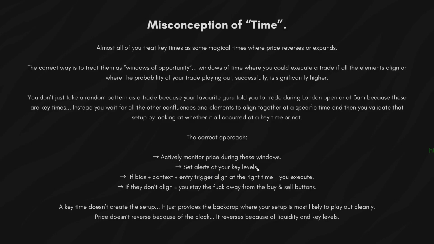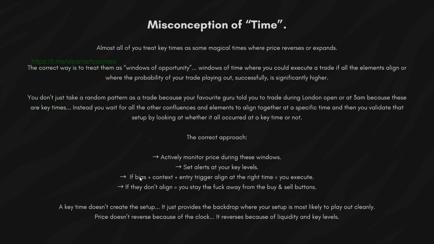But if only the entry model or the context is present at the right time, then you don't execute, because you still have to wait for the bias. You don't just take that trade because you have a context and an entry model and it has all aligned at a key time, and now you think it's going to play out regardless of the bias element not being present.